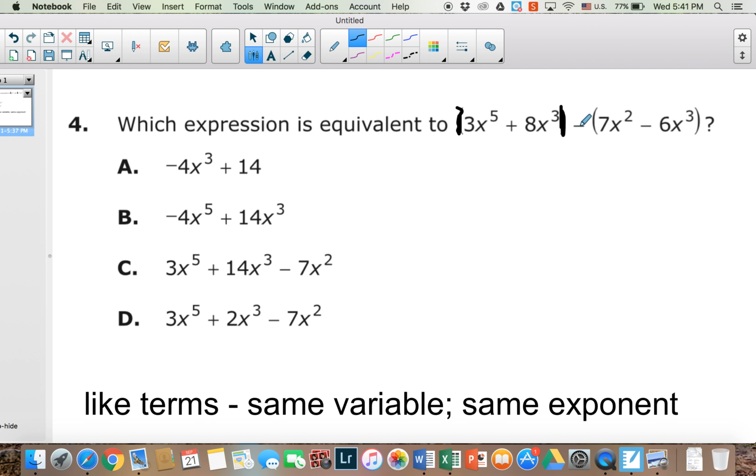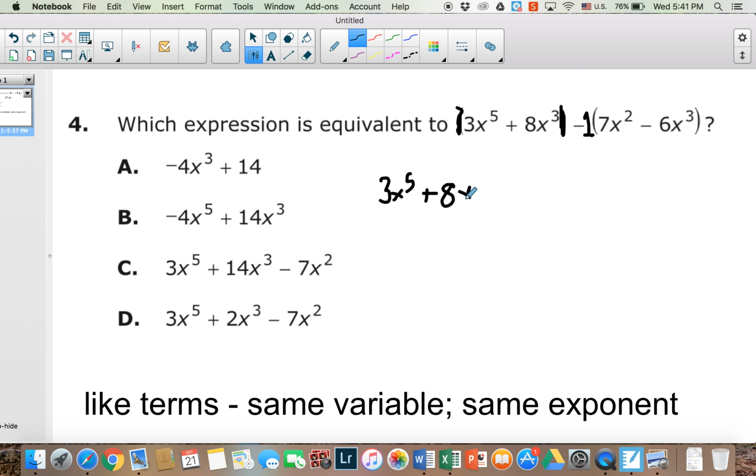But this subtraction symbol is going to do something. Now we talked about this in class just the other day, and that is actually a -1. So if you think about what we have right now, we have 3x to the fifth, and it's hard to do this without a pen because I am just dragging my mouse at my computer.